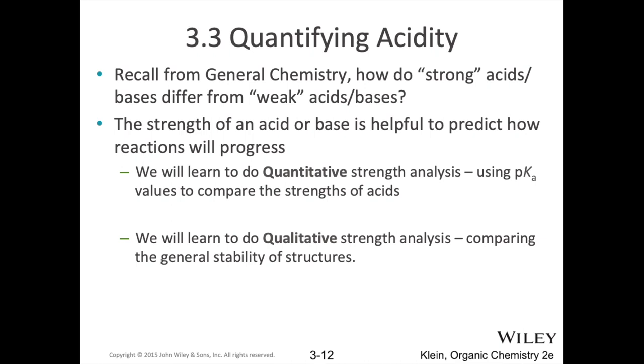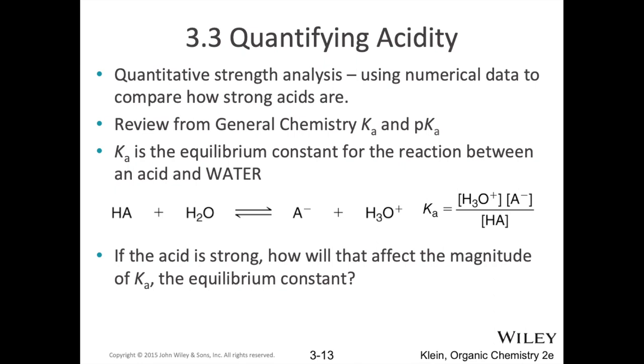Generally, the lower the pKa, the stronger the acid. We're also going to look at qualitative tests. I'll teach you a method of analyzing a molecule to gauge how strong an acid it is compared to another similar molecule. But first things first, let's go over the quantitative stuff.